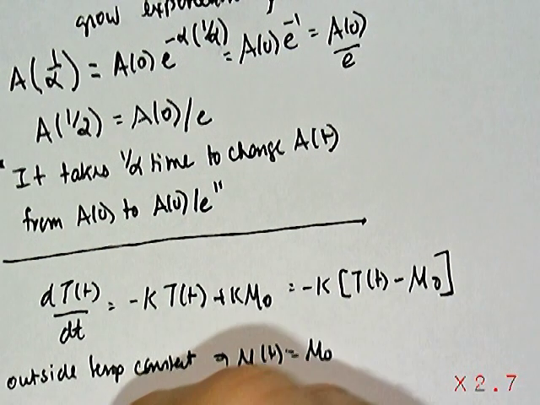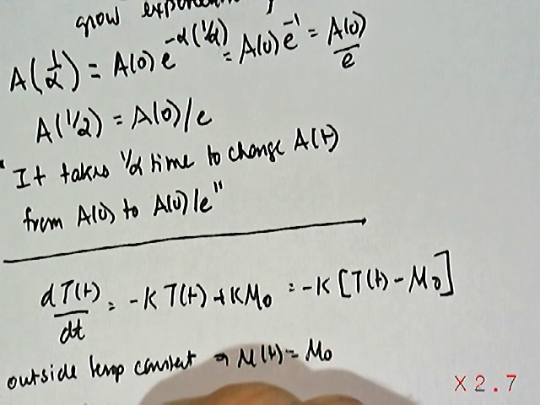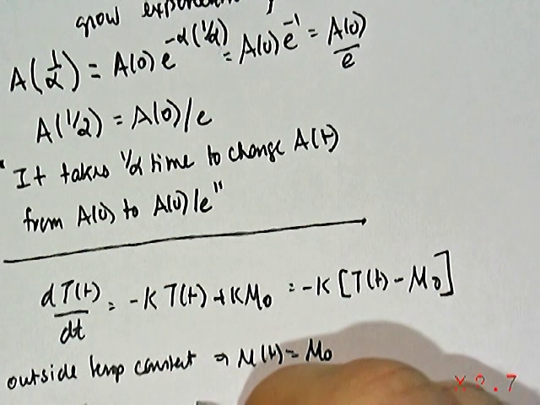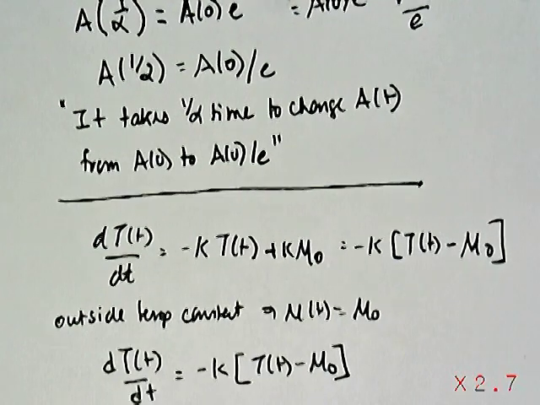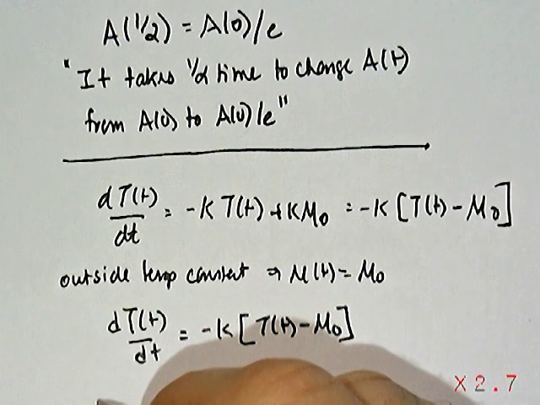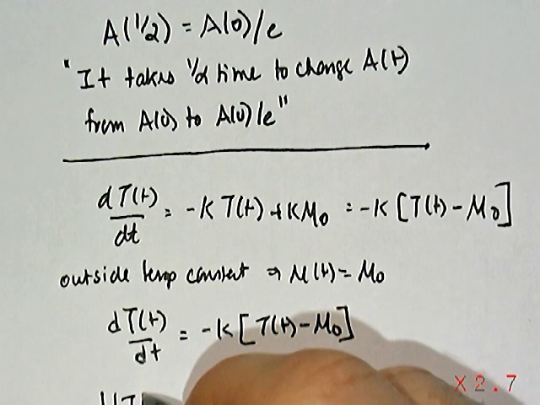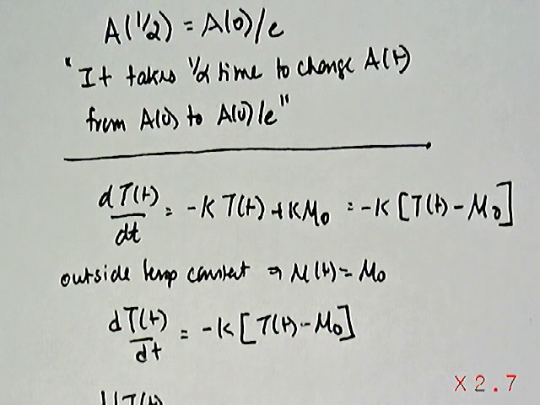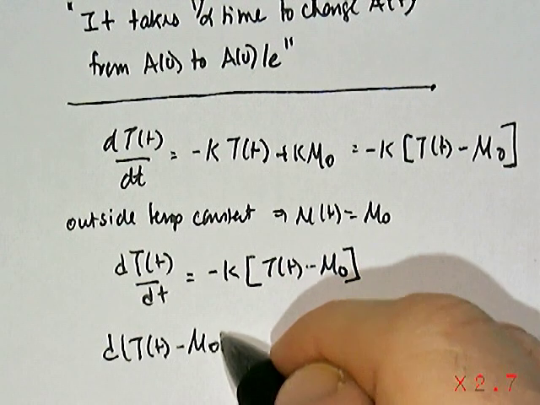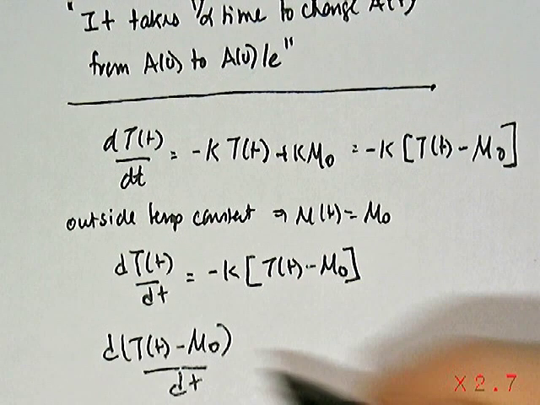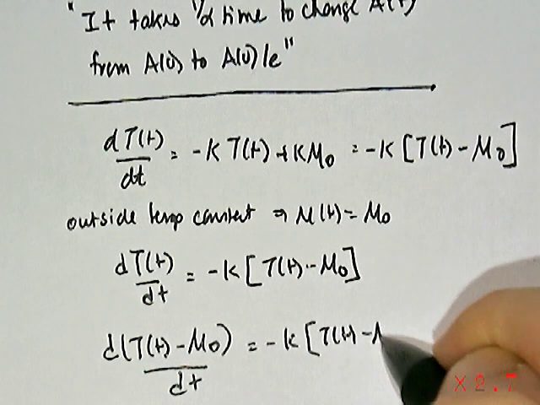But notice that if the derivative of T with respect to time is equal to minus K times this particular right-hand side, it is also true that the derivative of T of t minus M0, a constant with respect to time, would also be minus K times T of t minus M0.